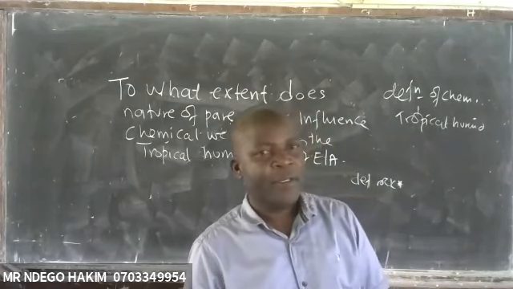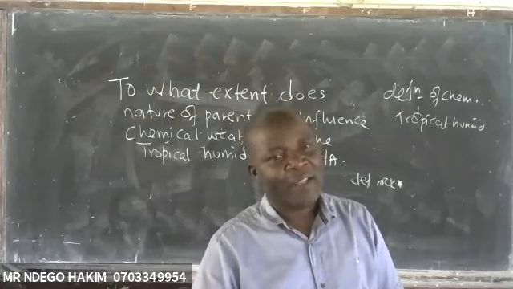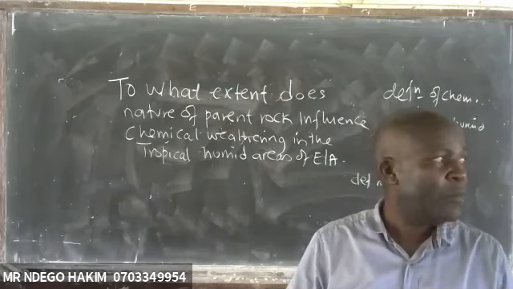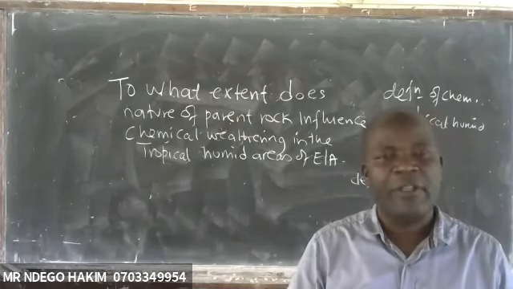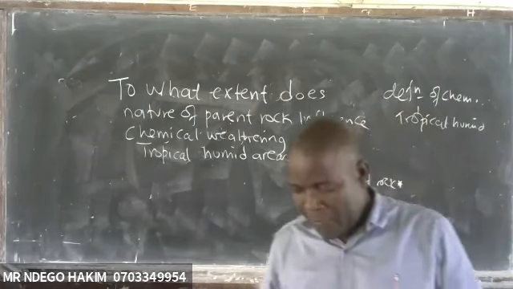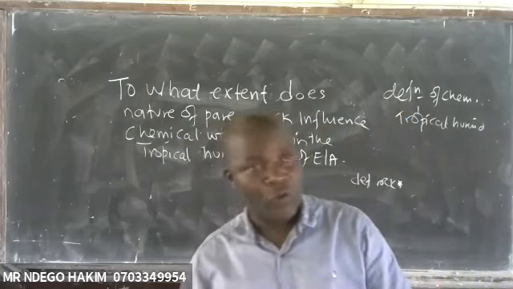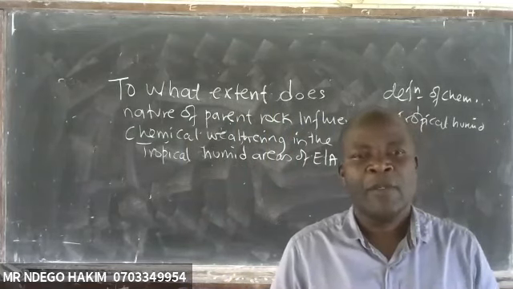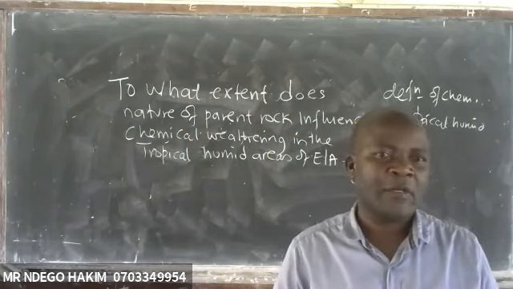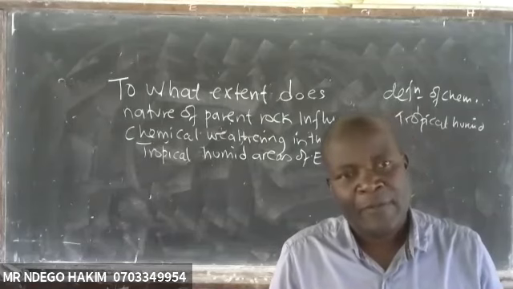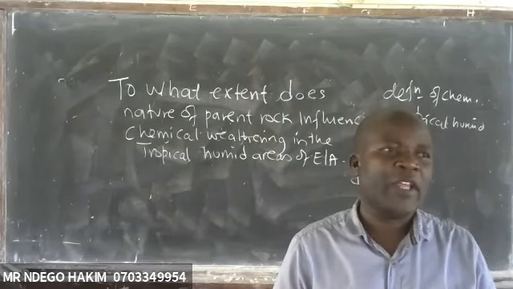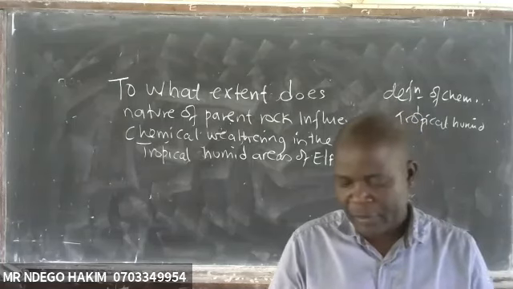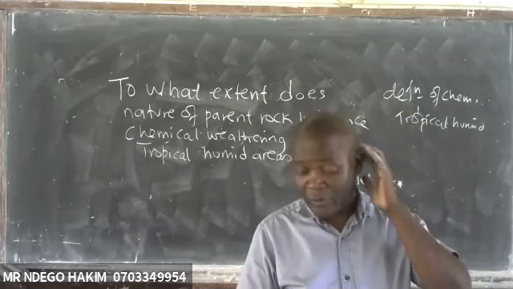Then you say, however, there are other factors apart from nature of parent rock: climate, time, living organisms, relief, drainage. Then you make an evaluation. Of course, this is to a small extent. To a large extent, it is climate that influences chemical weathering in tropical humid areas, although nature of parent rock also contributes. So thank you very much for interpreting that question.